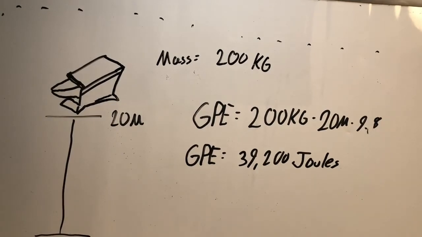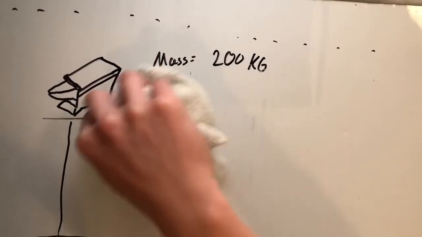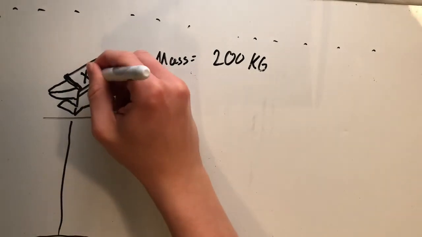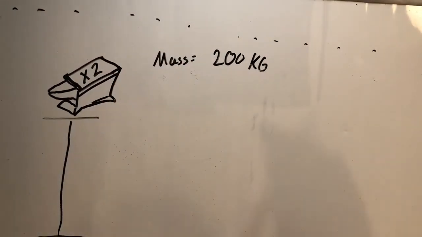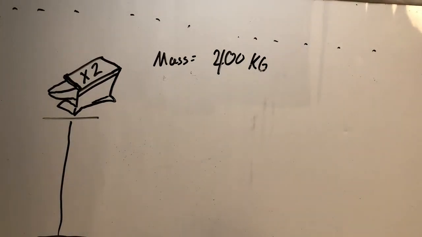By raising the height of the anvil, the gravitational potential energy increased. This tells us that the gravitational potential energy of an object is directly dependent on its height above the ground. If it's raised higher above the ground, the gravitational potential energy increases, and vice versa.